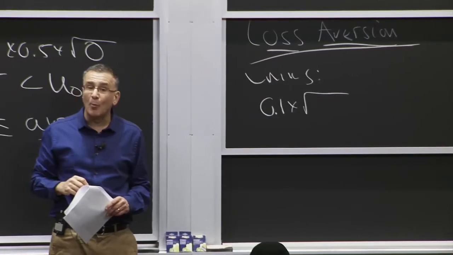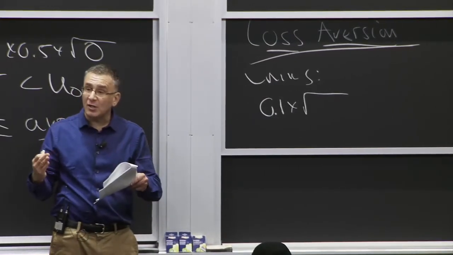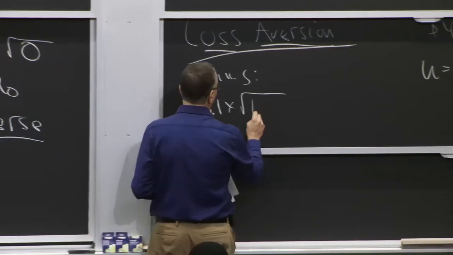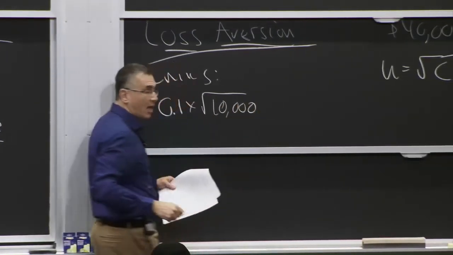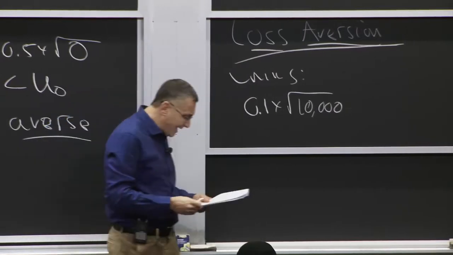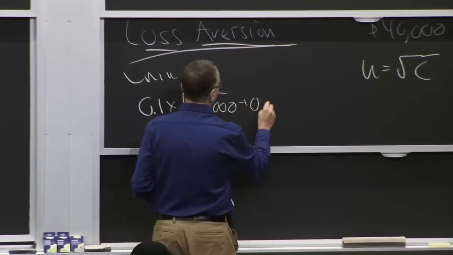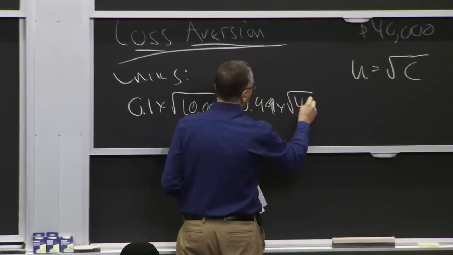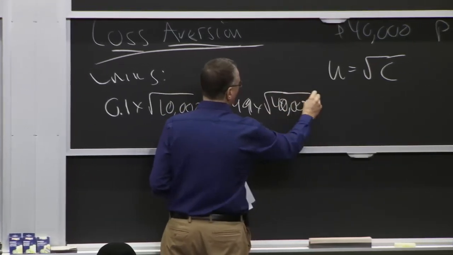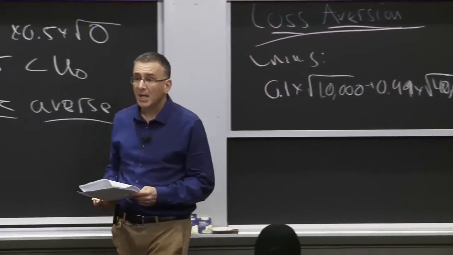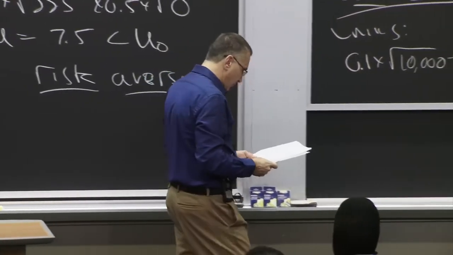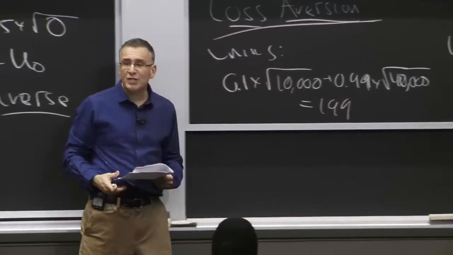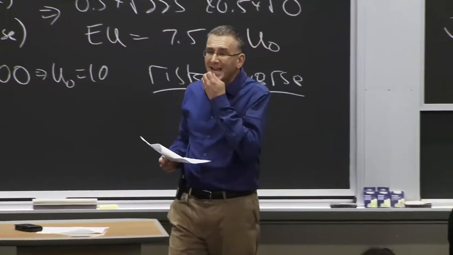And so their net income will drop from $40,000 to $10,000 because they'll have to pay $30,000 in medical bills. So 1% chance their net income will be $10,000. And there's a 99% chance that their net income will be $40,000. Okay? That's utility without insurance. Add that up and you get 199. So their expected utility without insurance is 199.